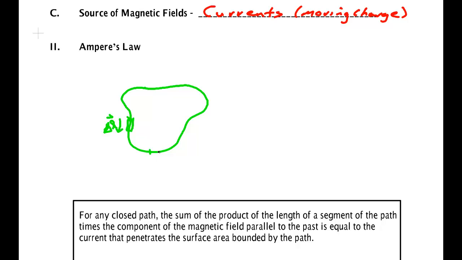And we can think about breaking this curve into small lengths all the way around the curve, each one of these having a small delta L at that point of the curve.